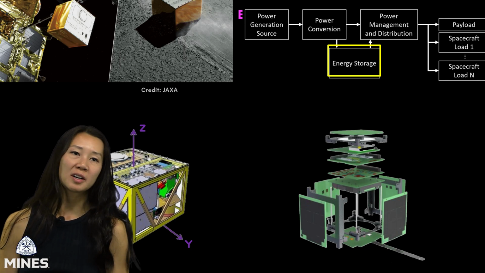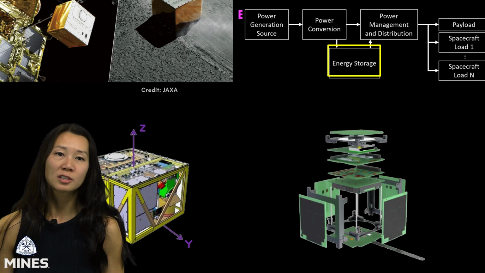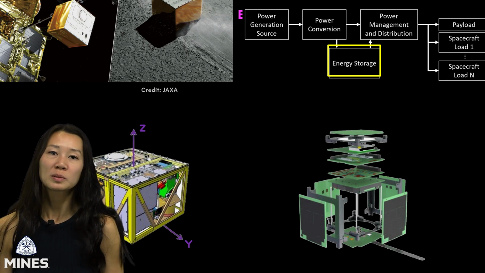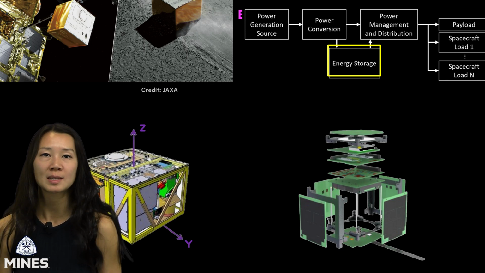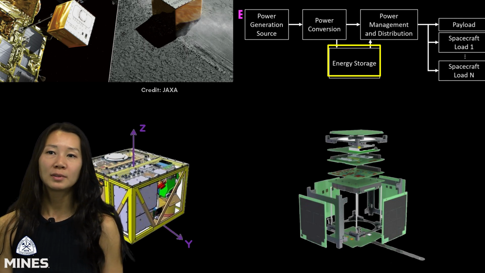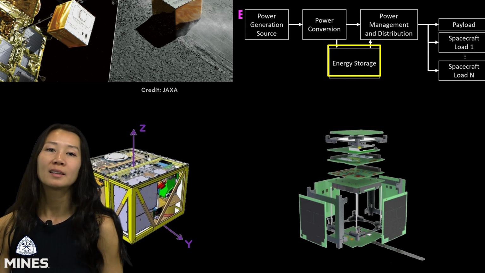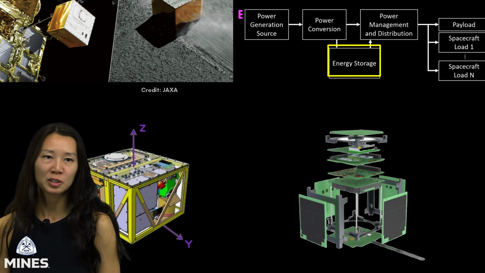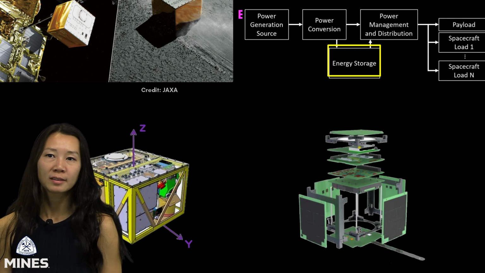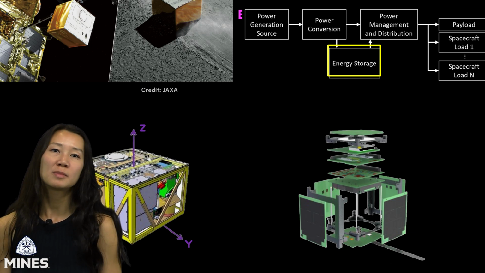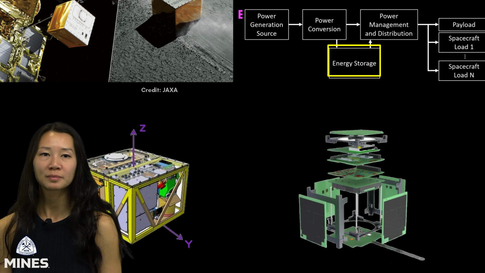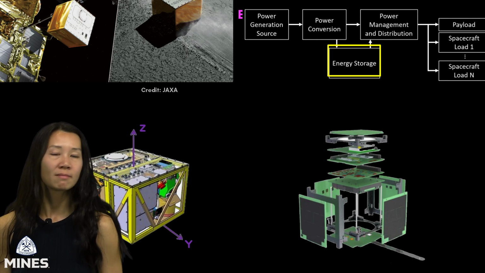The second function of the EPS is storage, holding excess power for use later, especially when generation isn't possible. One example is Mascot, the lander deployed by Hayabusa 2, which used a primary battery, over here, which was non-rechargeable because its mission was short and power critical. Once the battery ran out, that was it.